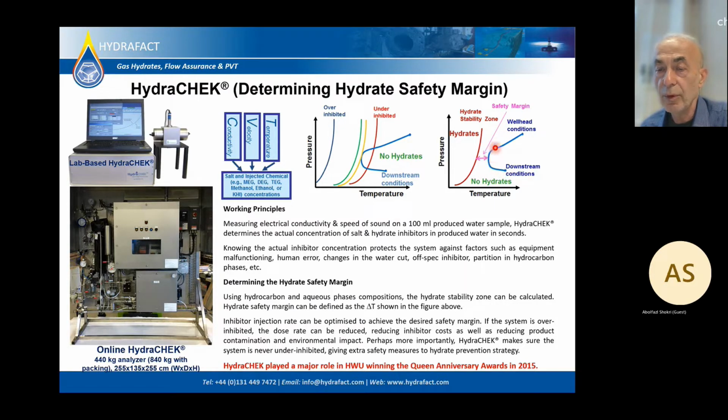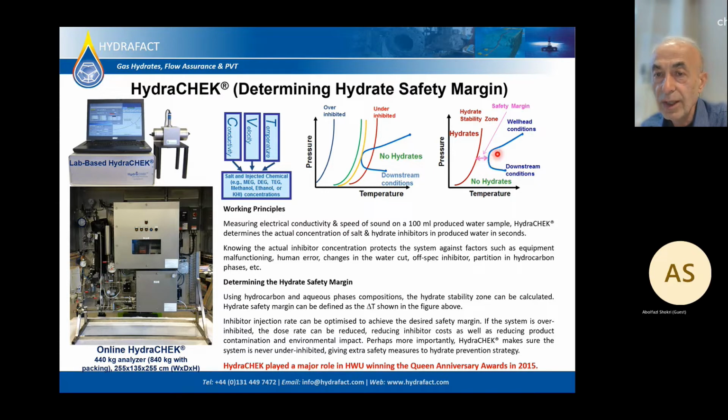For example, here I have simulated the condition at Ormen Lange, a gas condensate reservoir in Norway, at deep water and then shallow water. Shallow water temperature goes up. So by hydrate safety margin, I mean the difference between these two curves.